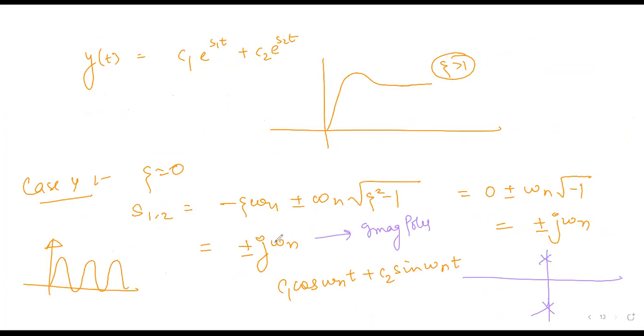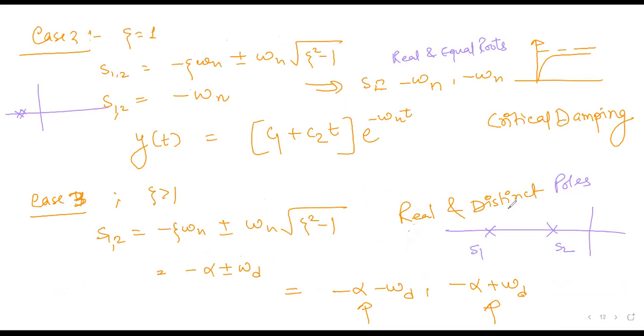This is j omega n. It means it is going to lie on the imaginary axis, right? We just discussed it. We got j omega n, so it is going to lie here only. And here it is real and distinct poles. Distinct means different.